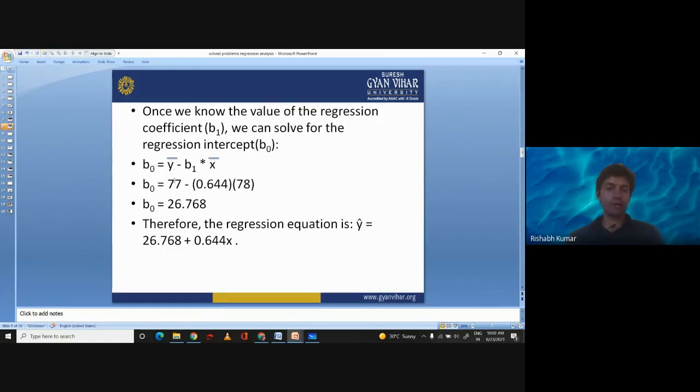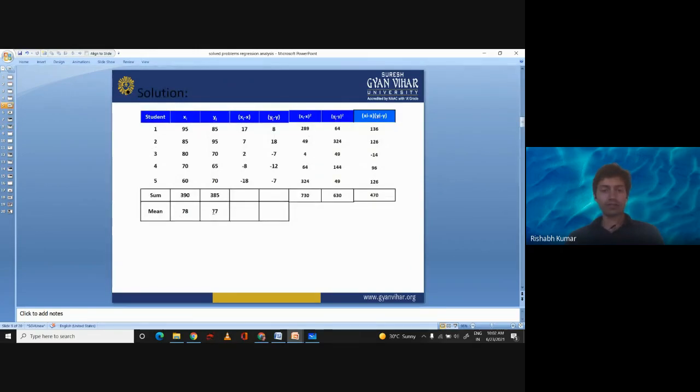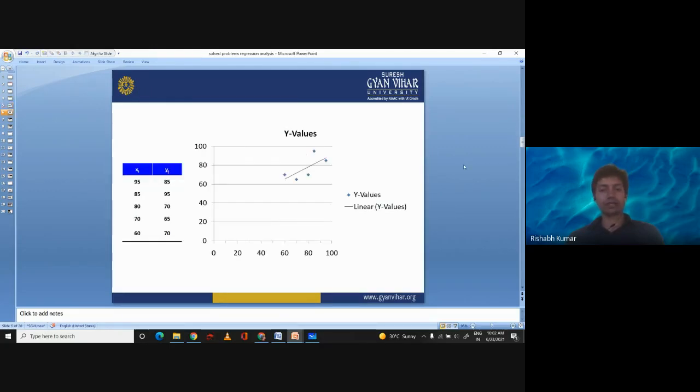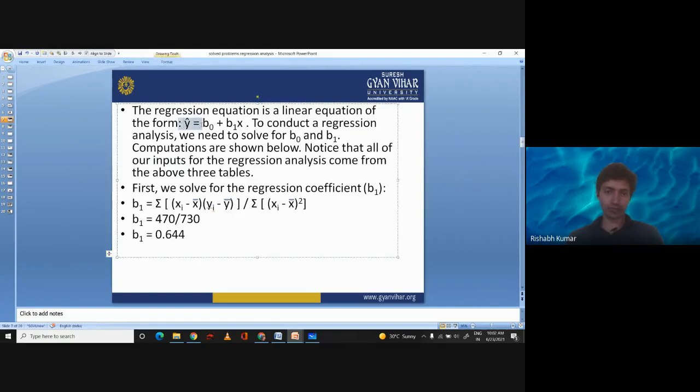So we know y bar and x bar, and we are getting these values from this table. The value for y bar is 77, the value for x bar is 78. How do we get this equation? This is simply the rearrangement of the equation for the straight line. So in place of y bar we are putting 78, in place of x bar we are putting 77, and in place of b1 we are putting 0.644.